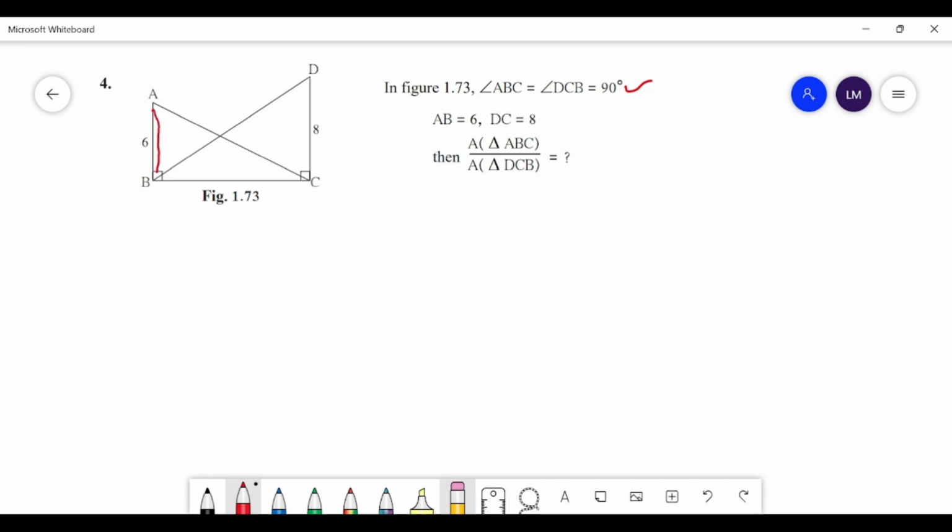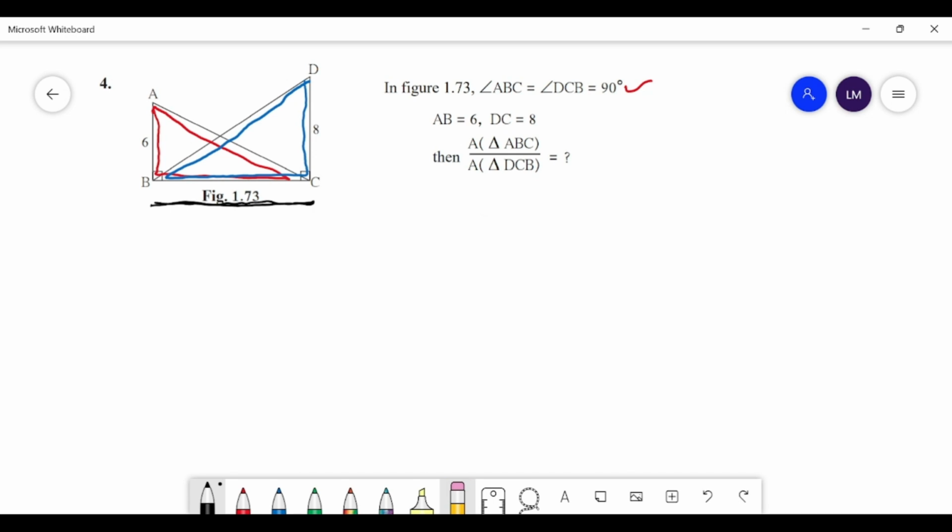ABC, that means this triangle ABC, and the next triangle is DCB. That is DCB, right? So first we'll check out the figure, that both the triangles are having a common base BC, yes or no, right? So these two triangles will be having areas proportional to their corresponding heights.